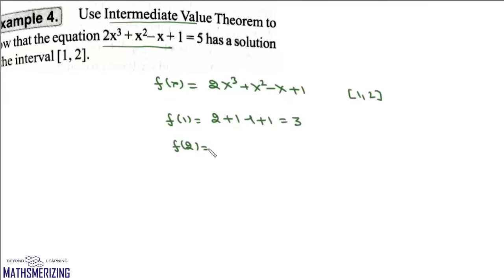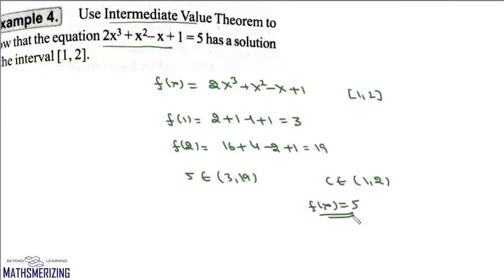And if we find f(2), f(2) is 16 plus 4 minus 2 plus 1, which is 19. Now this 5 lies between f(a) and f(b). That means from intermediate value theorem, we can say that there exists a point c in the interval 1 to 2 such that f(x) equals 5.